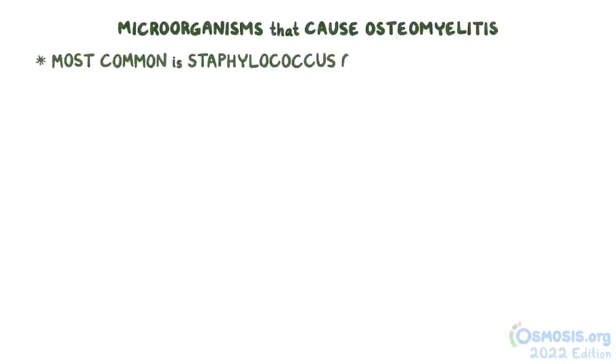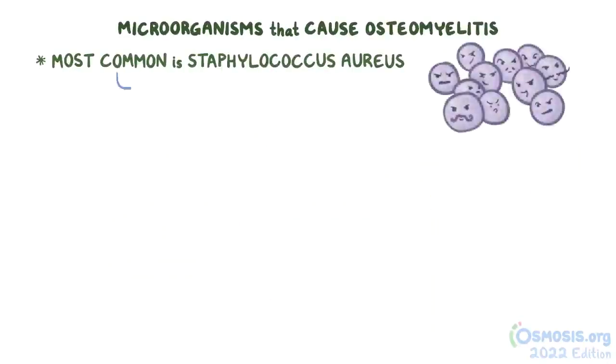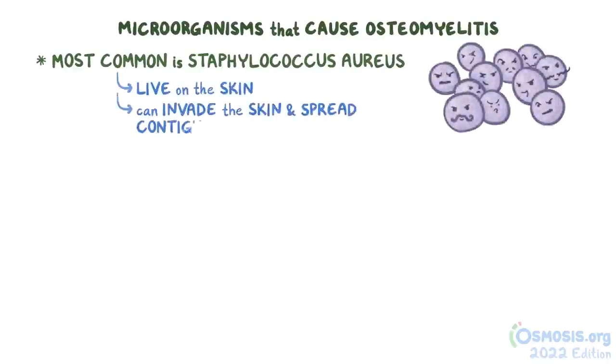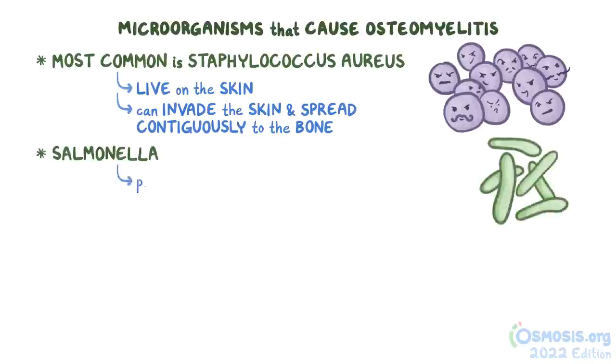Many microorganisms cause osteomyelitis, but the most common is Staphylococcus aureus, a grape looking bacteria that lives on the skin. It can invade the skin and spread contiguously to the bone, or it can reach the bone through the bloodstream. Another one is Salmonella, a rod shaped bacteria that particularly affects individuals with sickle cell disease.